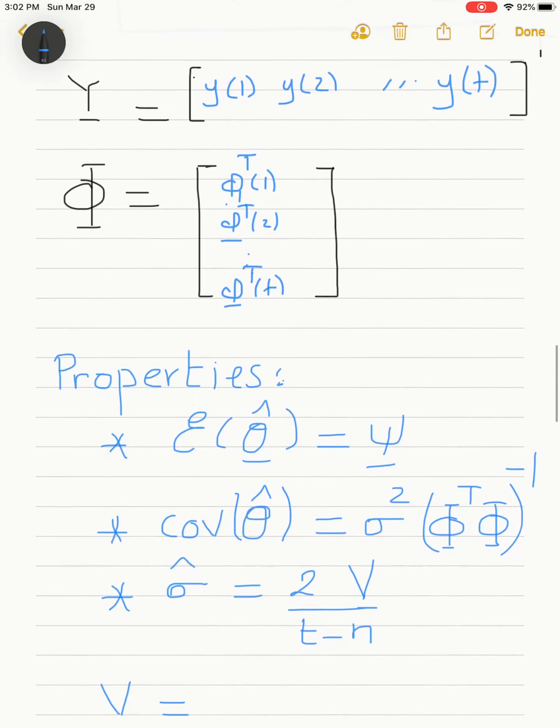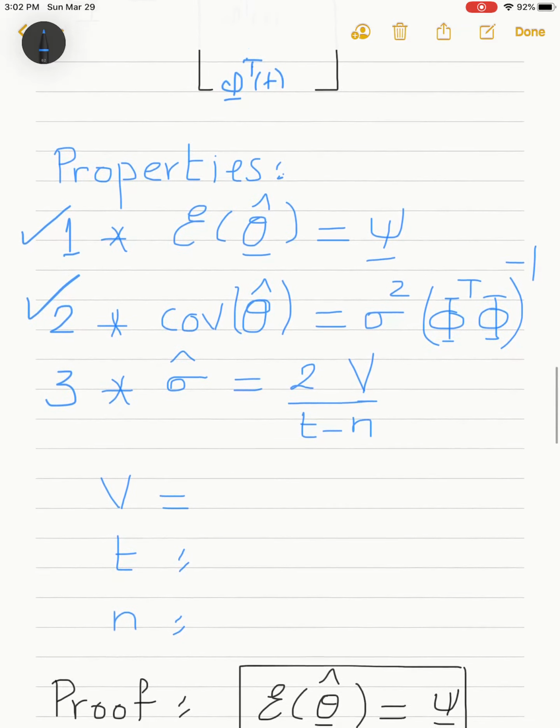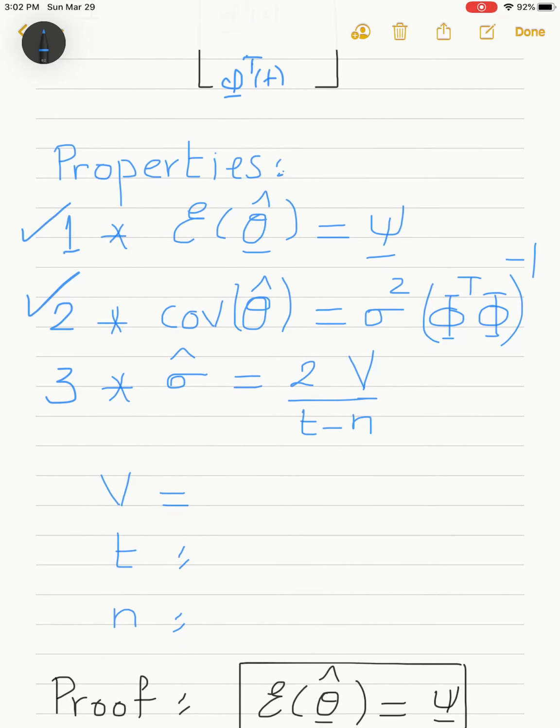Now there are three main properties of the least square estimator. I'm going to prove the first and second. The third, actually, I will leave, and maybe I will put a PDF file that explains its proof because it's a bit long. So now let's define the different symbols here. V, as we have seen before, is 1/2 the summation of the errors squared.